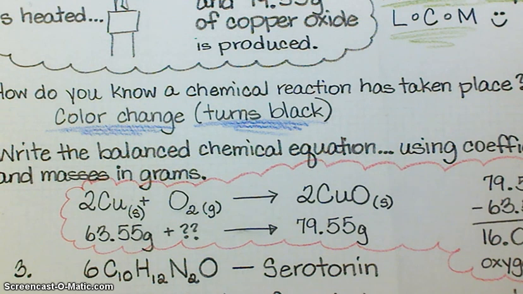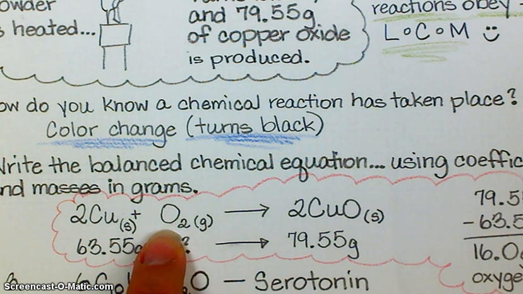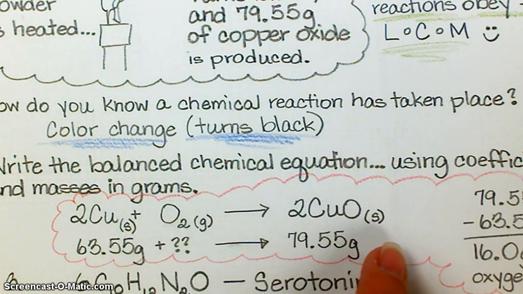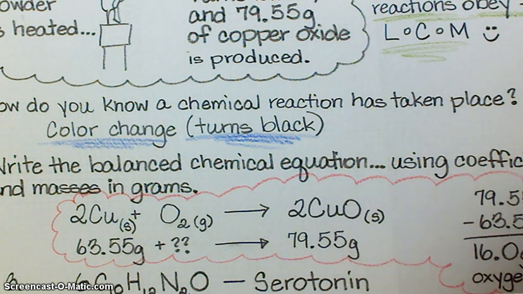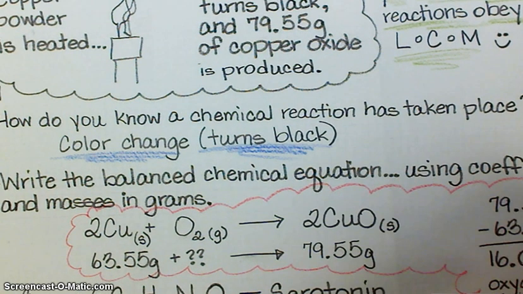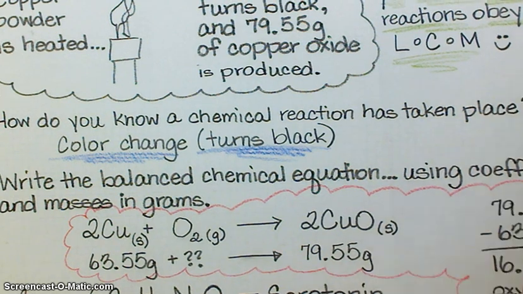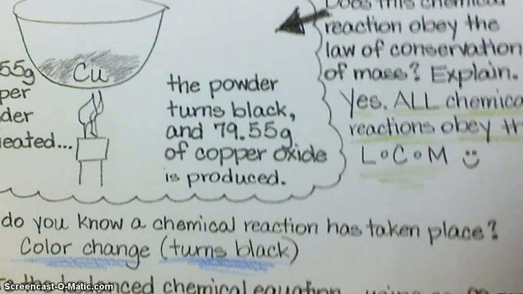So every once in a while you'll have a chemical reaction where either something reacts with molecules in the air, or one of the products is like a gas that gets given off and bubbles up into the air and you lose track of it. So sometimes it doesn't seem like it follows the law of conservation of mass, but if you have a situation like this, it still does. If you're either pulling gas from the air or giving gas off into the air that's not measured. Okay, so just a little reminder.